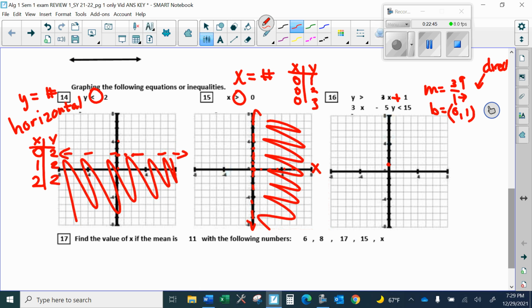These only give me directions to other points. It says go up 3, 1, 2, 3, and right 1. Up 3, right 1. I could also write it as negative 3 over negative 1, which would be down 3 and left 1. 1, 2, 3, and left 1. All those are lined up on a line. Okay, that is going to be dashed because, again, no equal sign. So there's that one.